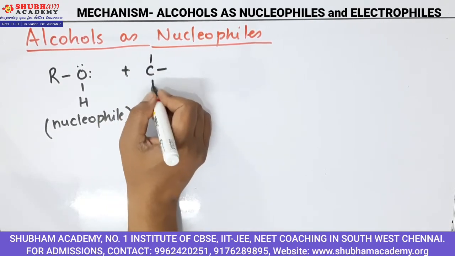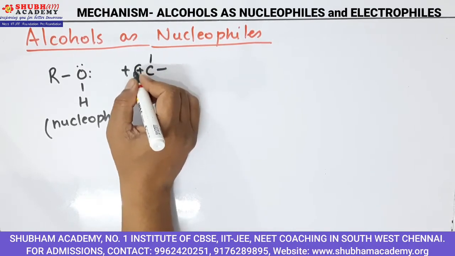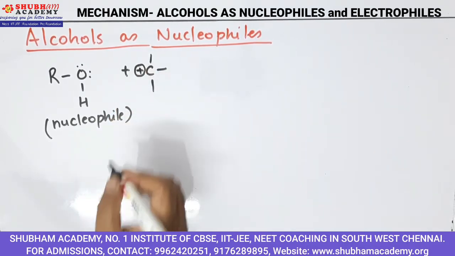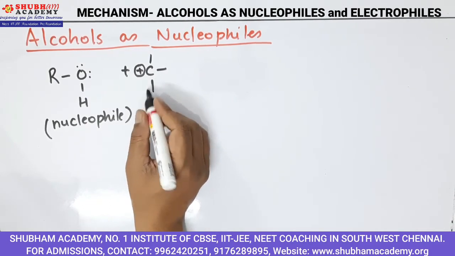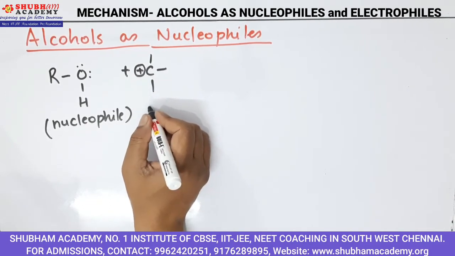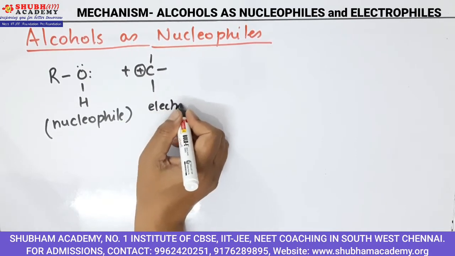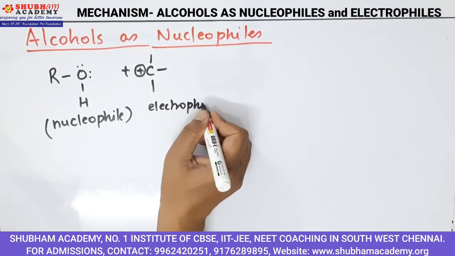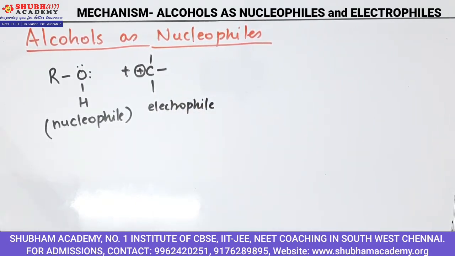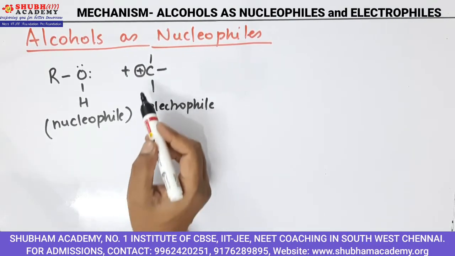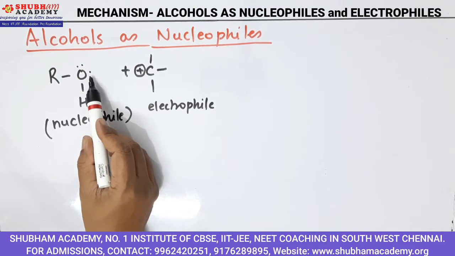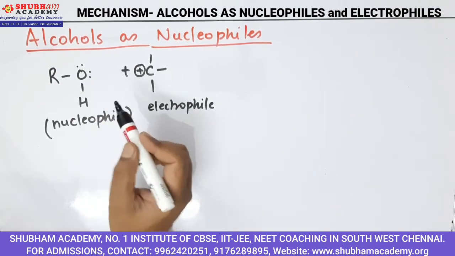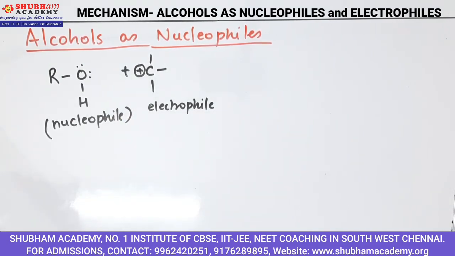Okay, so this is a carbocation, carbon with a positive charge. This carbocation is acting as an electrophile, it is electron deficient, right? Now as this is electron deficient, it will coordinate with the lone pair of electrons present on the oxygen atom, right?